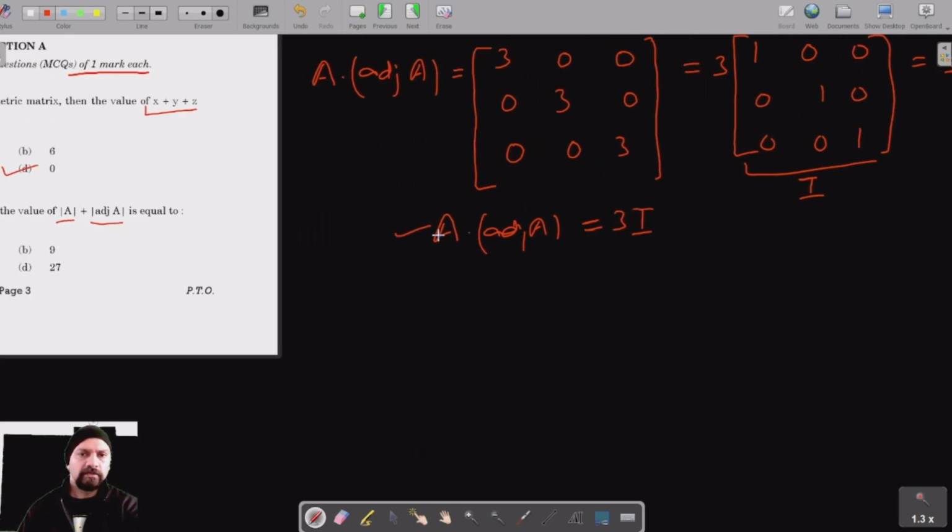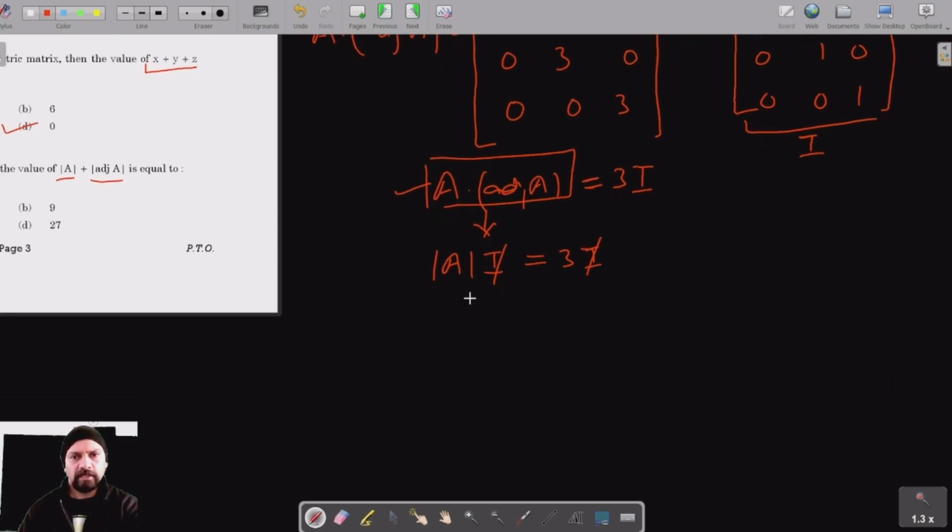Now A into adjoint A is equal to determinant of A into identity matrix, and this is equal to 3 into I. So this gets cancelled, and determinant of A is equal to 3.